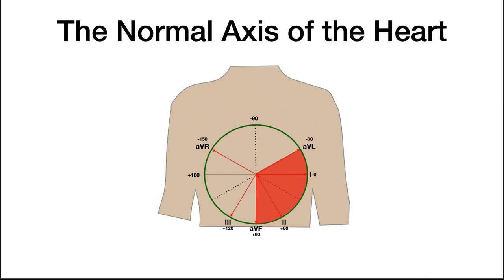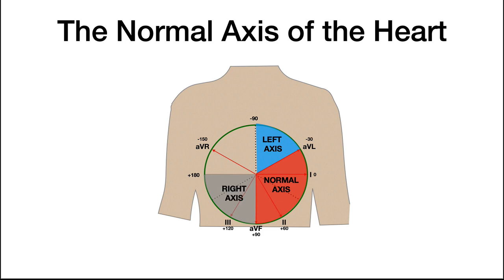We see that from -30 to +90 is going to be your normal axis, and that's from your lead aVL right up to aVF. Of course, from aVL to -90 is left axis deviation, and aVF to +180, that is +90 to +180 degrees, is your right axis deviation.